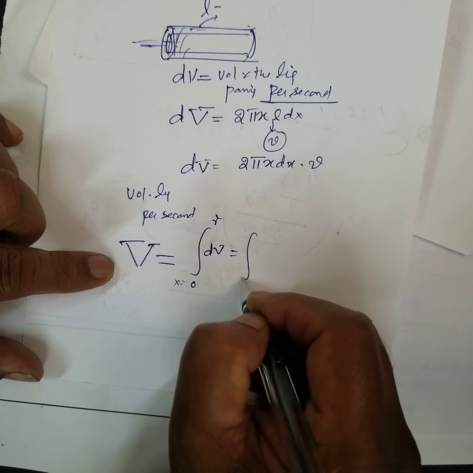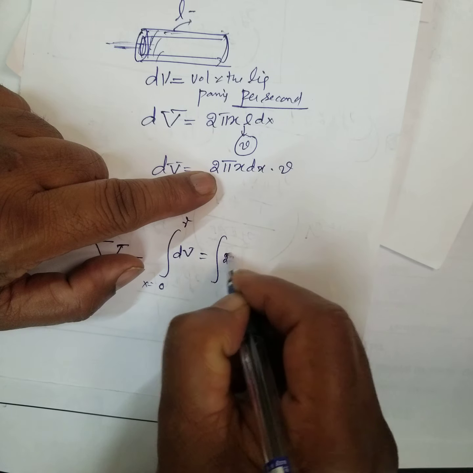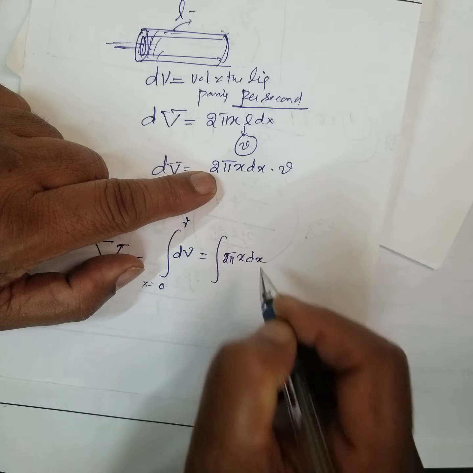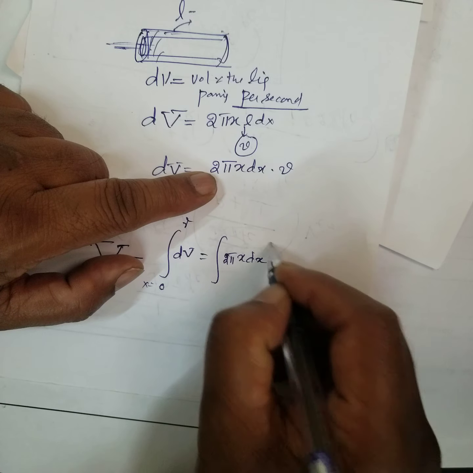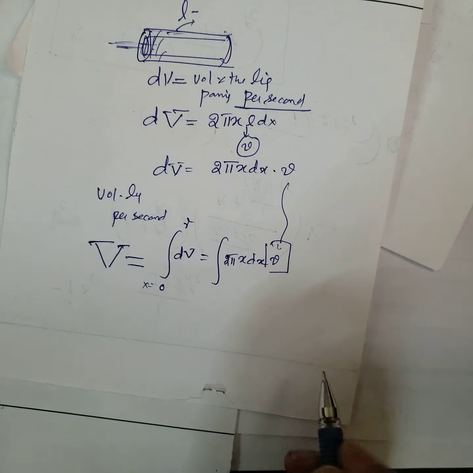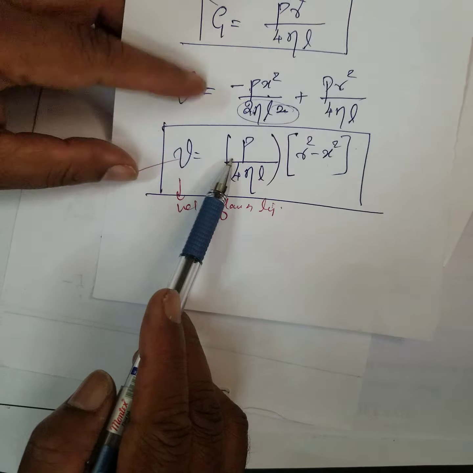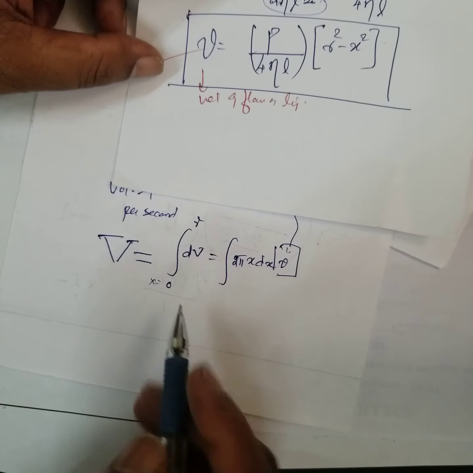That is equal to what? 2 pi x dx into v. But v you have to substitute. What is the value of v you have found? You have v equal to this, is it not? You substitute here.